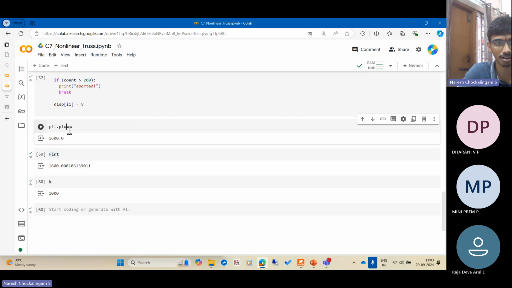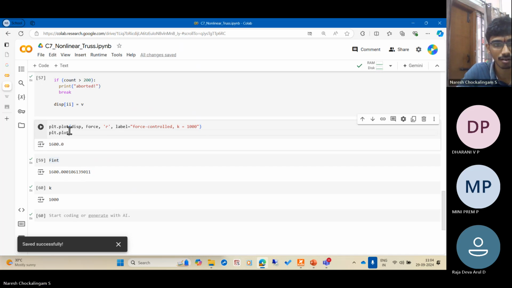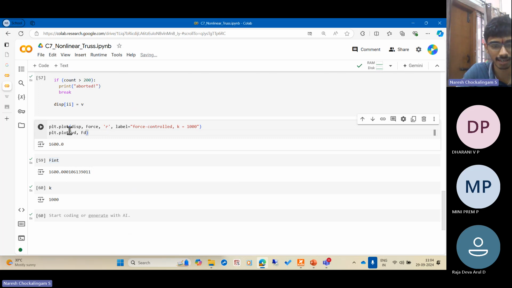So I'll say PLT dot plot. I'll plot displacement comma force in red color, and I'll call the label force control. And I can also plot VD and FD, where D refers to displacement control.